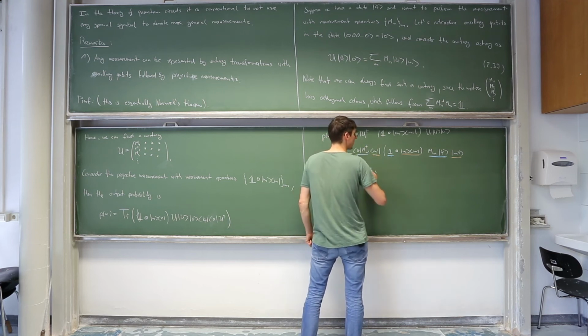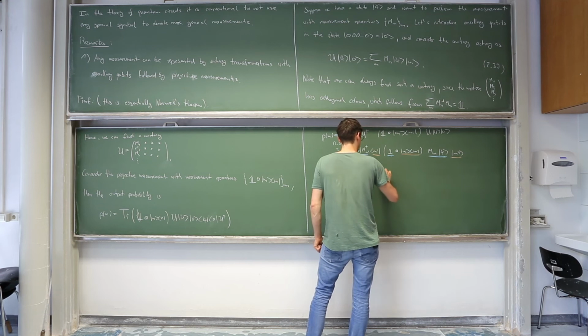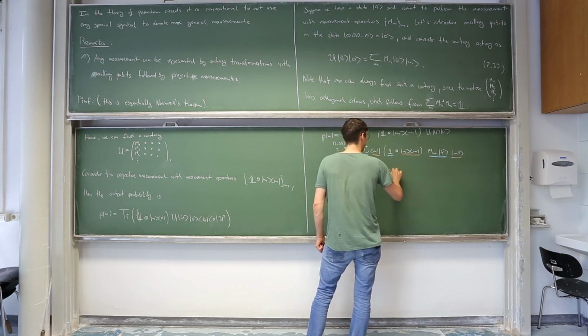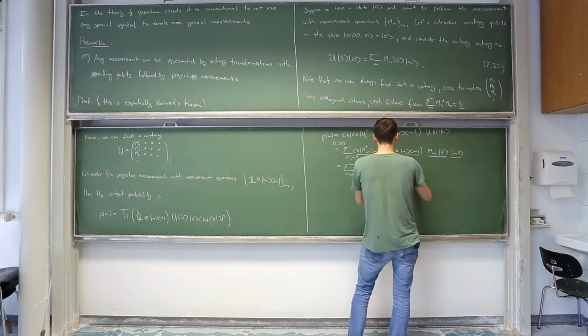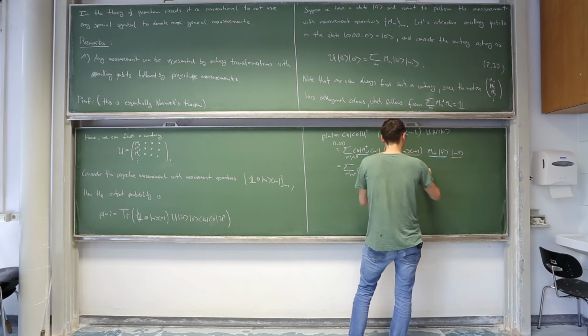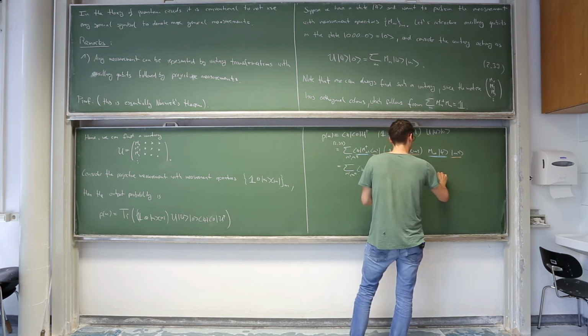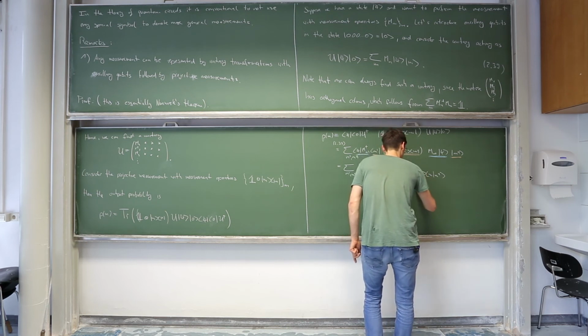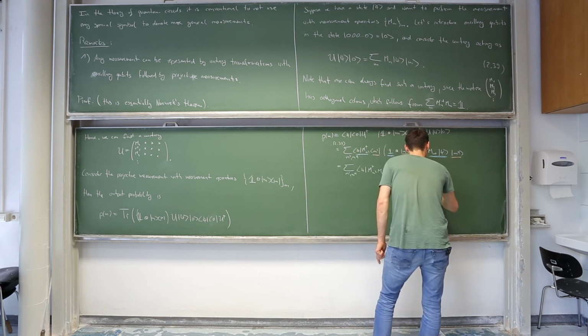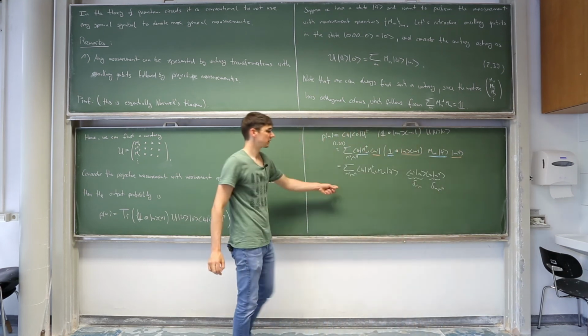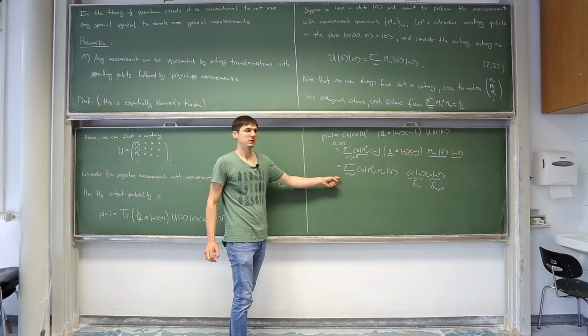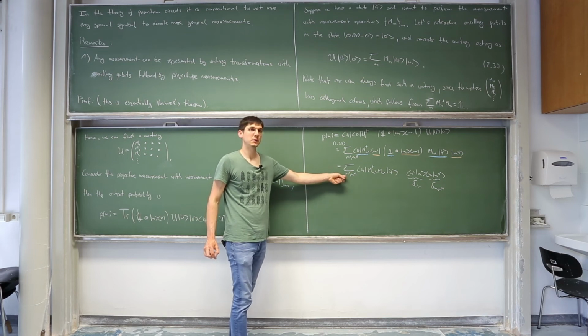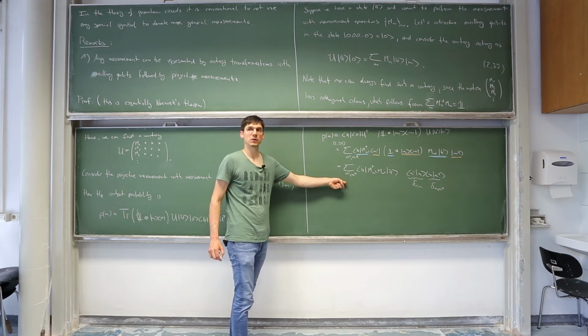sorry, there must be a dagger, M prime prime psi, and then we have M prime M prime prime. This gives delta functions, so delta M prime M, and this is delta M prime prime. So due to the delta function, our sum reduces to a single term.